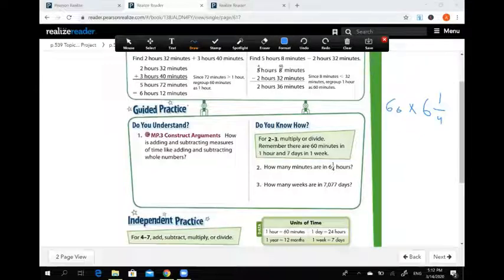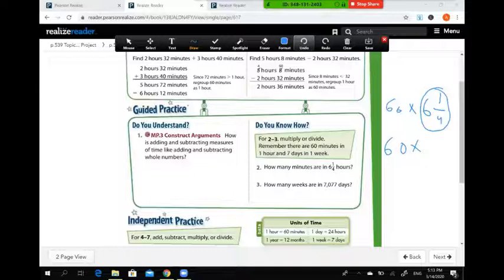Okay, so it will be 60 times, I will put this as a fraction, 4 times 6, 24, plus 1, 25/4. Then I will multiply 60 times 25. I will put it aside.